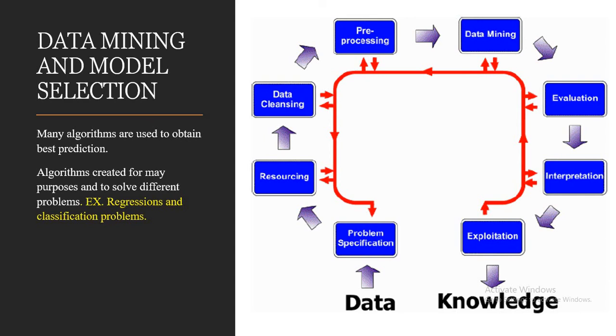In my case, I'll be using many classification models to obtain the best prediction, but mainly I'll be focusing on a model that combines all these classification models into one single model. This model determines the agreement point of all chosen algorithms, and is called the vote classifier. Algorithms are created for many purposes and solve different problems, for example regression and classification problems.